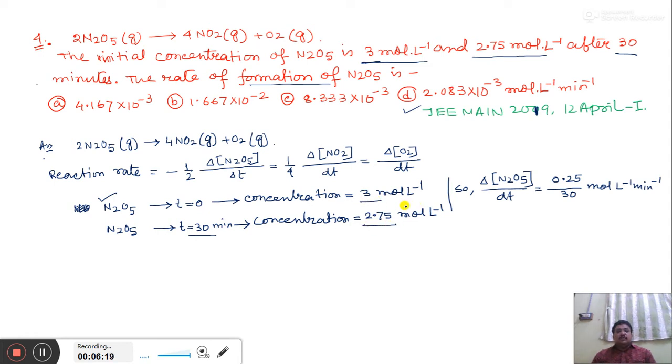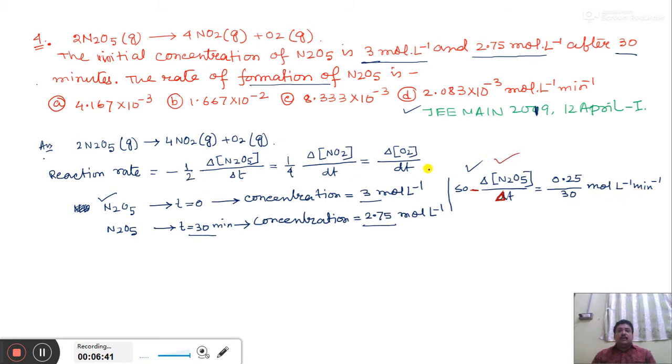So the concentration of N2O5 decreases. So the change of concentration of N2O5, that means minus del N2O5 by del t, is equal to 0.25 by 30 mol L inverse second inverse.